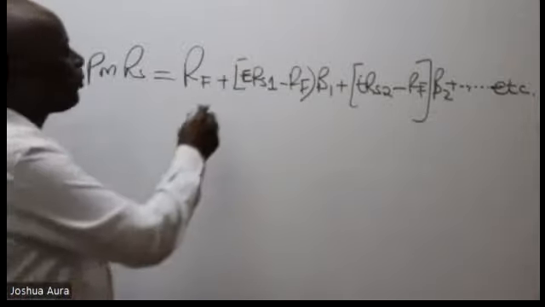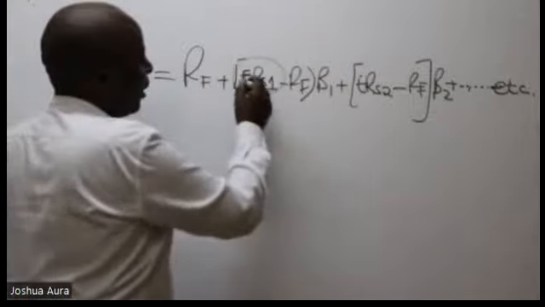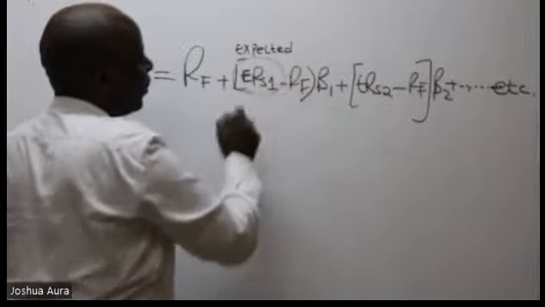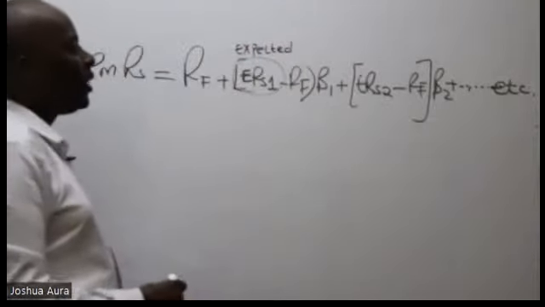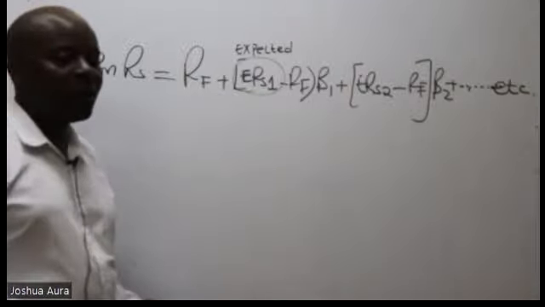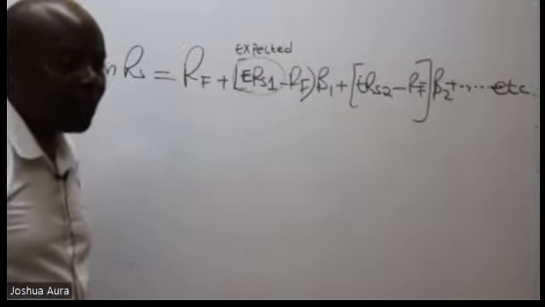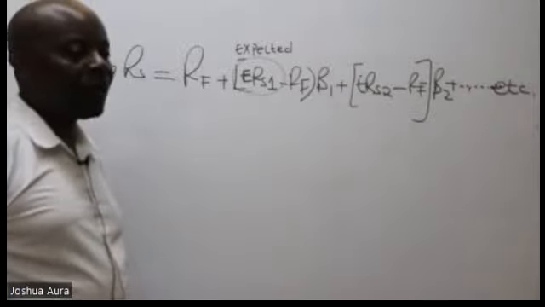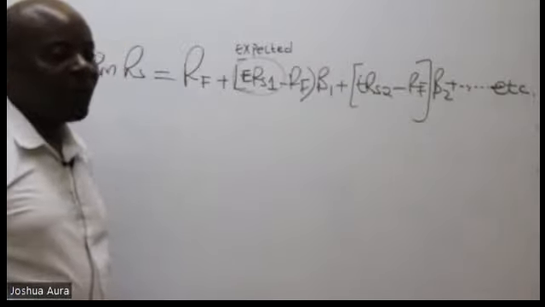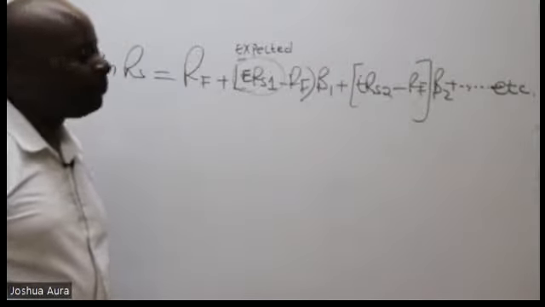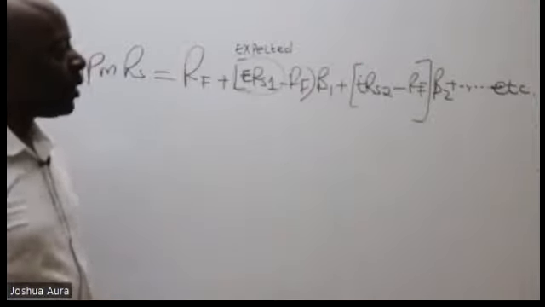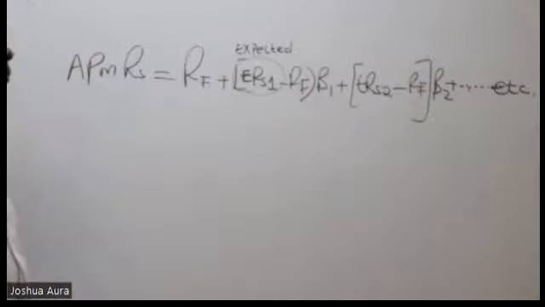For your revision, you could mention this in full: this is the expected returns of a security given factor 1. For factor 2 and the others, you'll be able to appreciate.